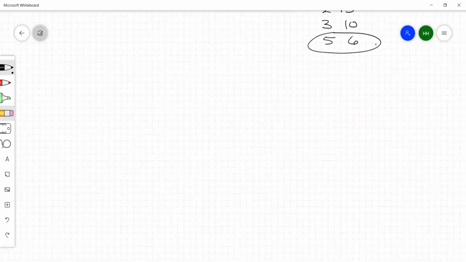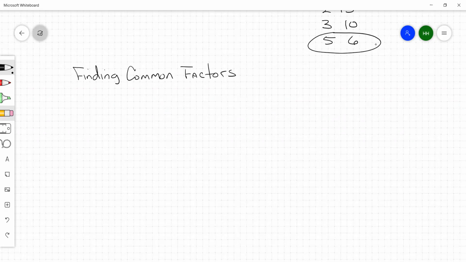All right, now we're going to take some expressions and we are going to find the common factors, and we are going to write the expression in factored form.